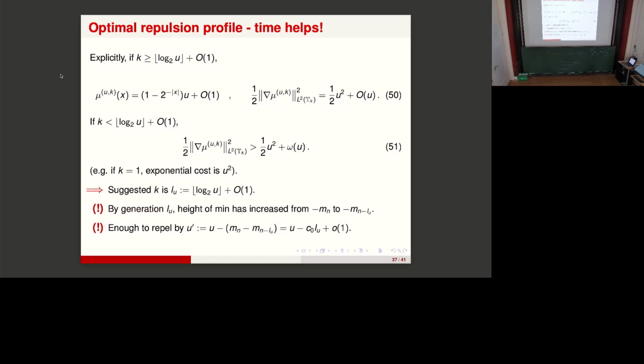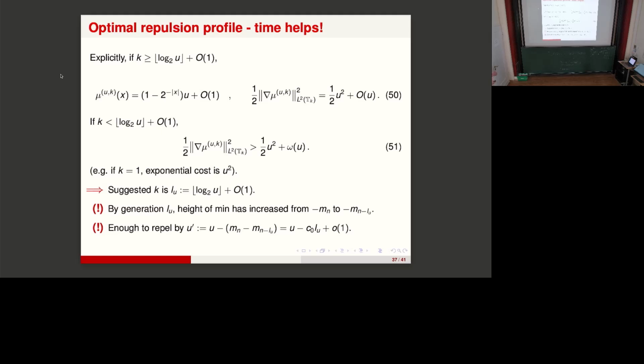Okay, and then comes the realization that in fact you don't need to go all the way to u, because once you've waited log_2 u many generations, the remaining subtrees already have fewer generations.